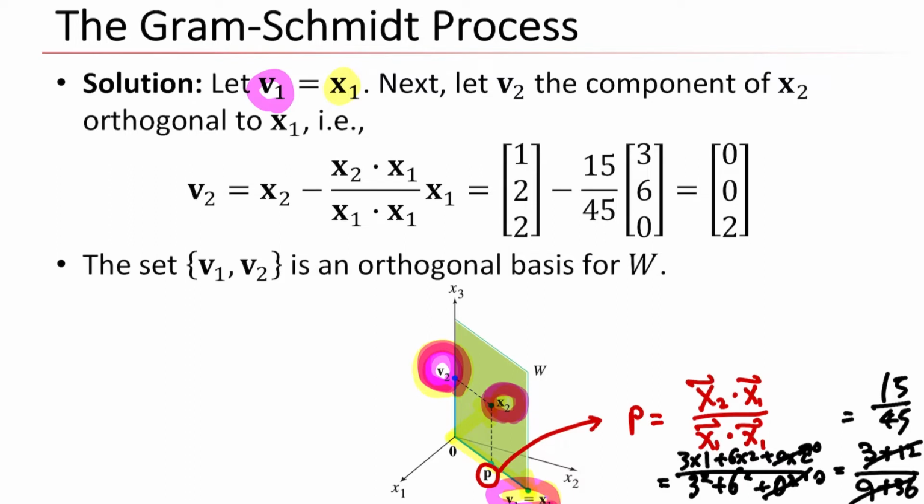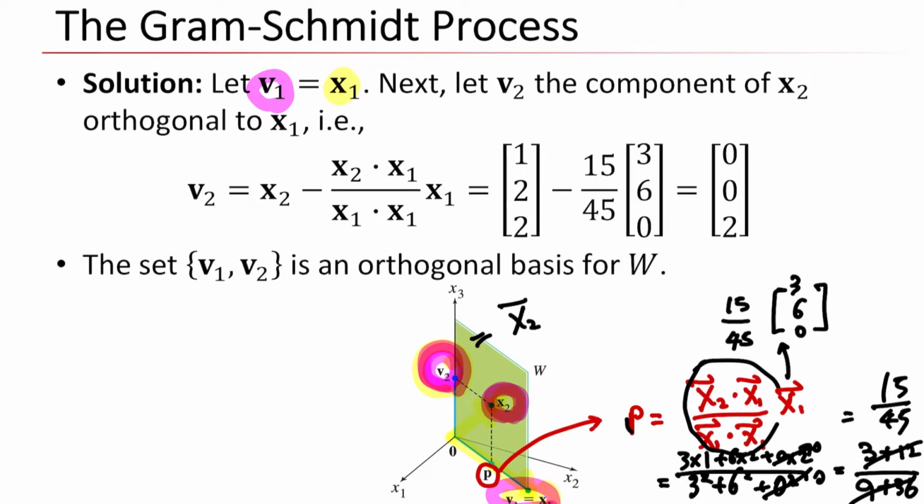Yeah, in here we need this one. So this is the 15 over 45, and P should be this times x1 here, right? So x1 is equal to what? (3, 6, 0), right? So P is defined something like this, right? Then this v2 is equal to x2 minus P here, right?